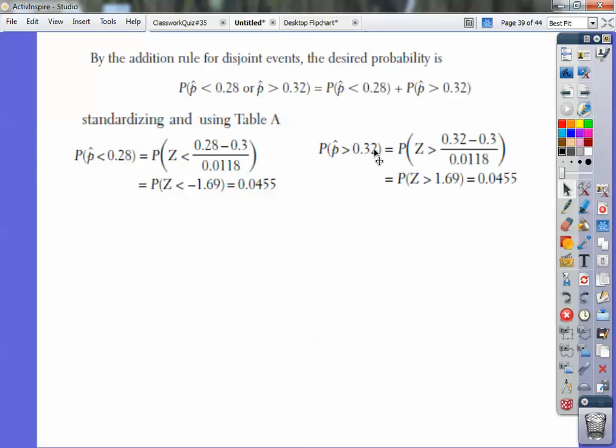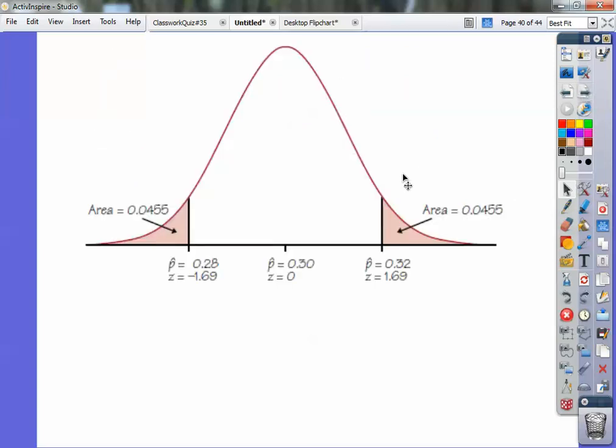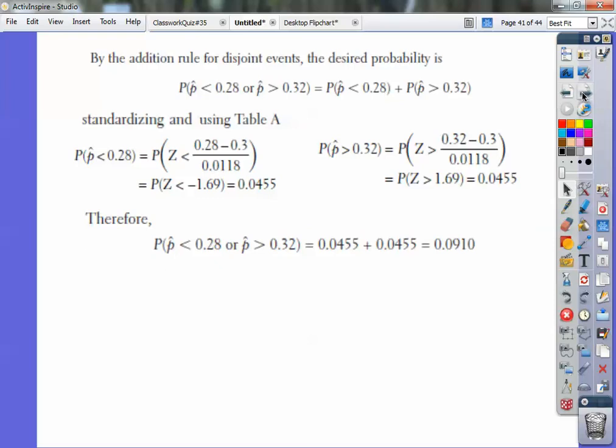So when we do 32, that's my x. So x minus my mu divided by my standard deviation, and we get the positive 1.69. You get another 0.0455. Alrighty, so remember, by the addition rule, that's where we got these pictures right here. So there's that 0.0455 with the negative 1.69, and there's the positive 1.69. Okay, pretty groovy. Now that's where those numbers came from.